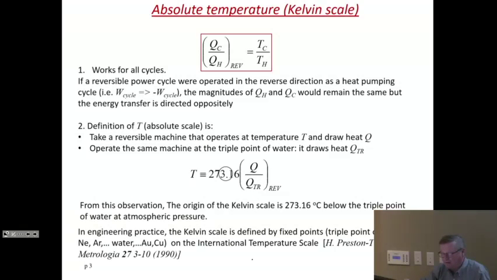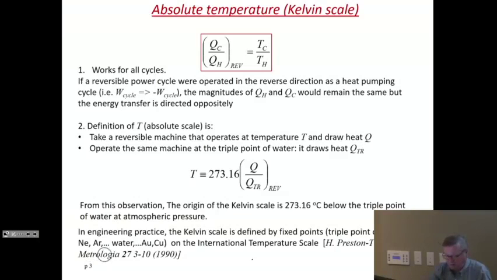So now, if you feed this back into that equation, it tells you that that equation will hold if you refer any T to 273.16, which is, of course, a value that's just above the triple point of water at atmospheric pressure. So that defines the Kelvin scale in practice vis-a-vis various triple points.